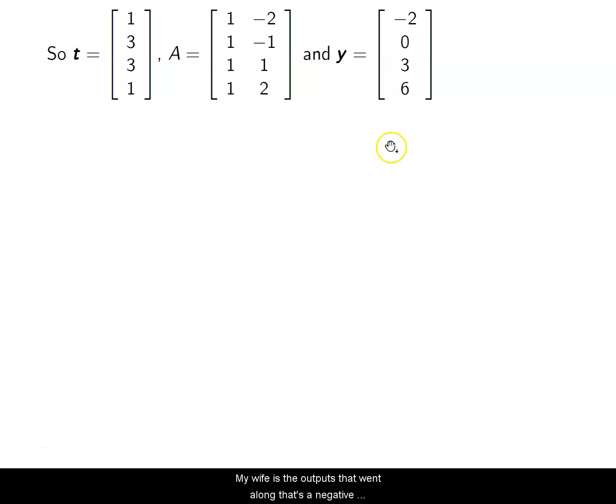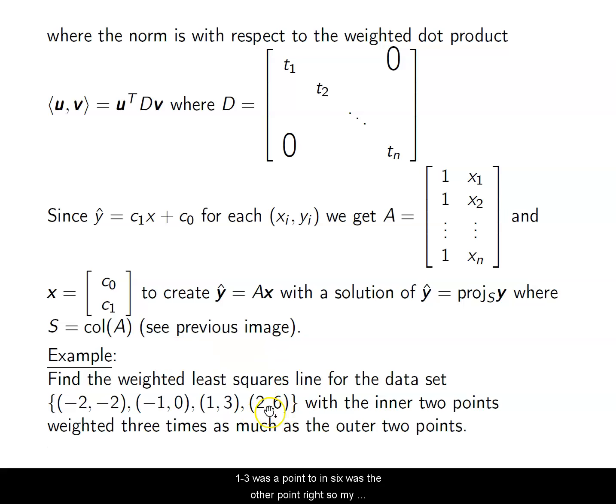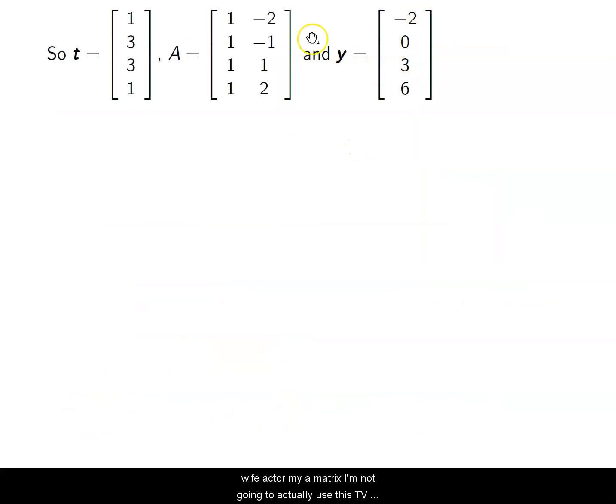My y is the outputs that went along with this. So (-2, -2) was a point, (-1, 0) was a point, (1, 3) was a point, and (2, 6) was the other point. So my y vector, my A matrix. I'm not going to actually use this t vector, but it's nice to say, this is what the weights are. Depending on how you want to use the weighted inner product, you could use this vector to help you with what you need to do.